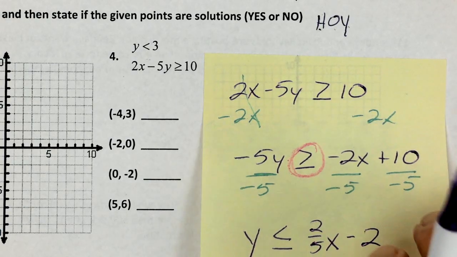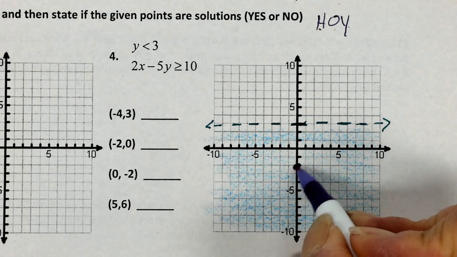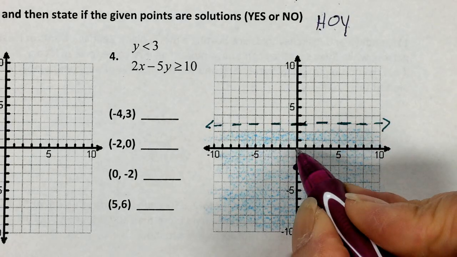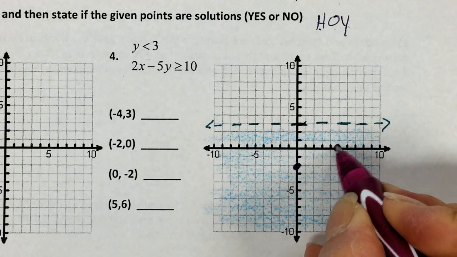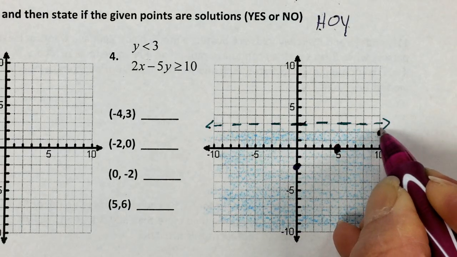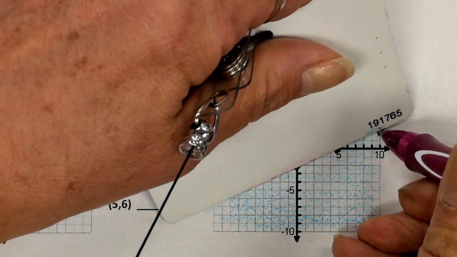Okay, so that means that I can start here at negative 2. And I have a slope of 2/5, so we're going to go up 2 and to the right 5. So up 2 and to the right 5. And that's going to be a solid line, so grab your straight edge.